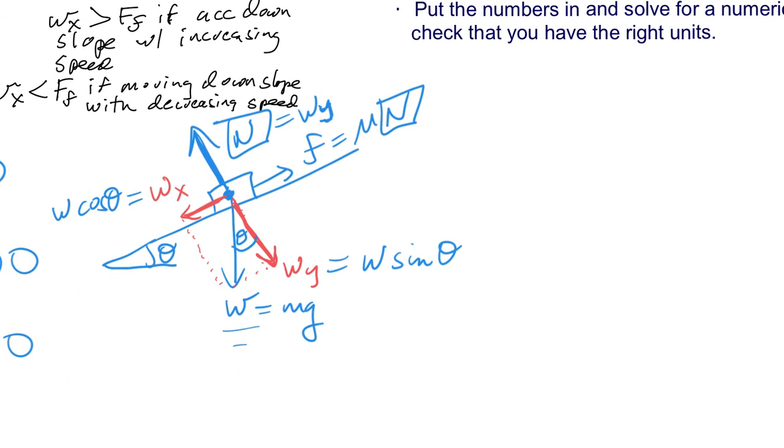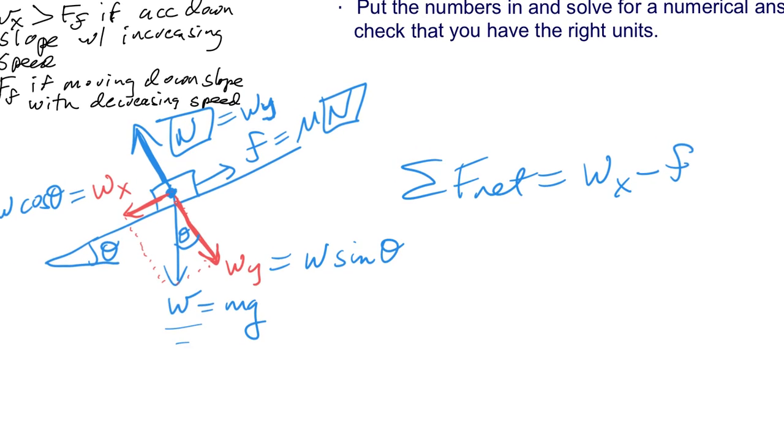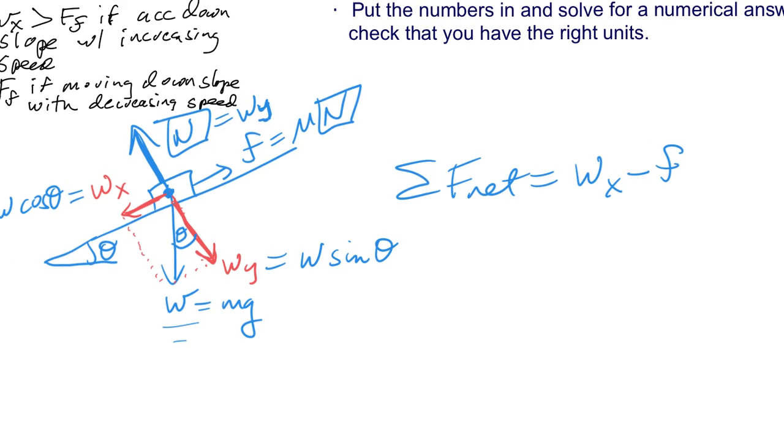So if the skier was skiing down the slope, I would say the net force would equal Wx minus the friction. Then I could say W cosine of theta minus mu N, mu mg.